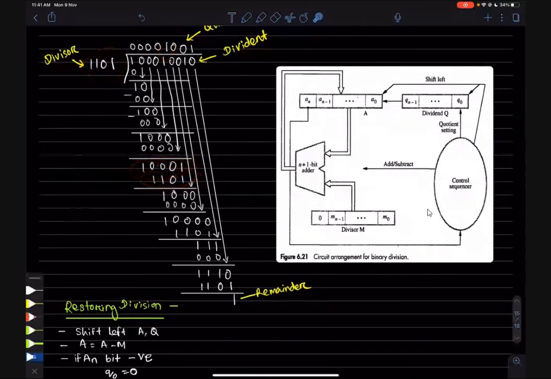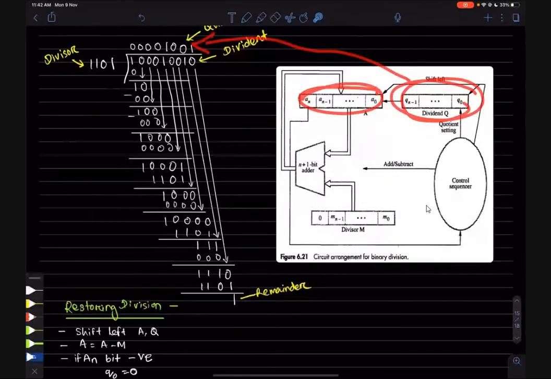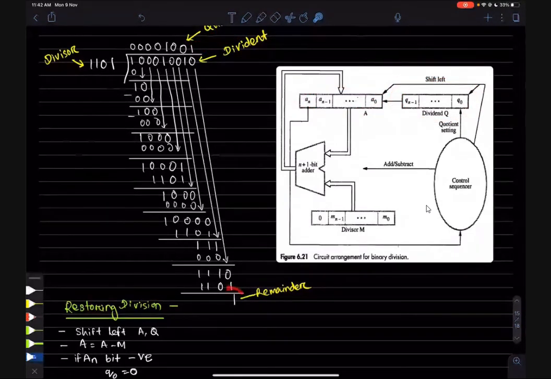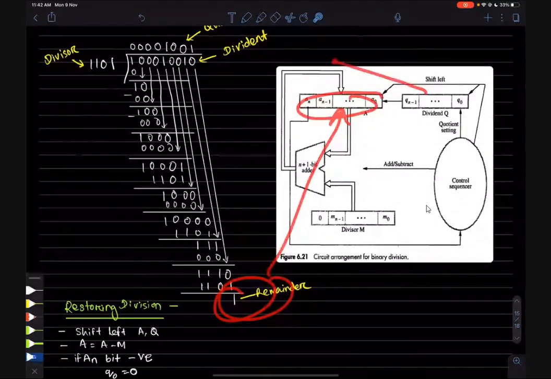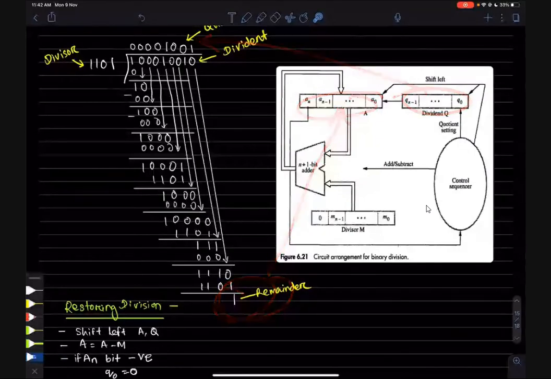After all the division operations are over, after n bits, this Q will contain the quotient, that is the result, and the A register will contain the remainder. At the end of the whole division process, A will contain the remainder, and the quotient will be stored in the Q register.